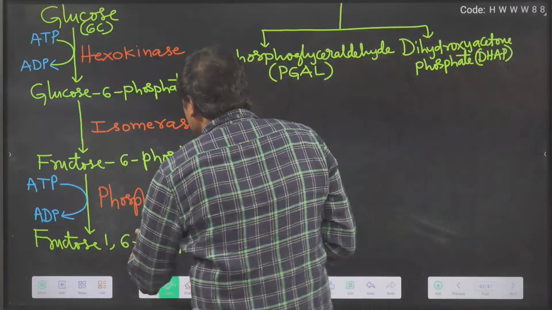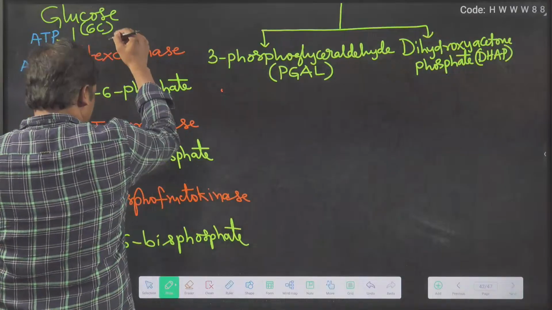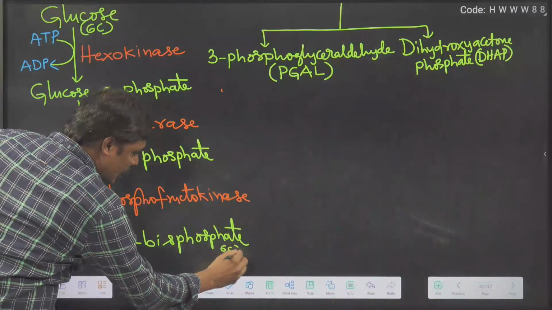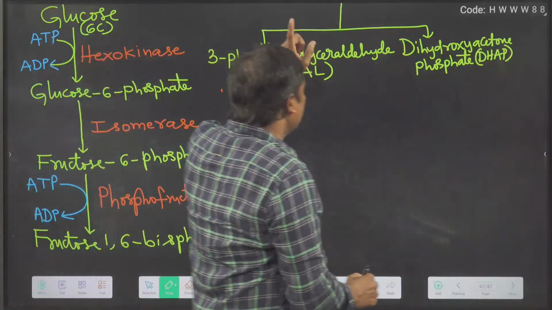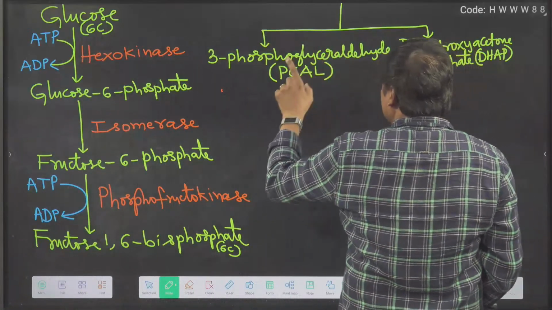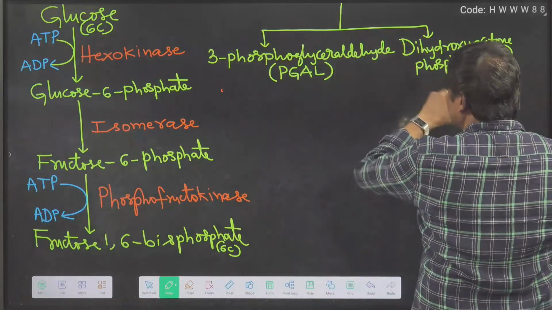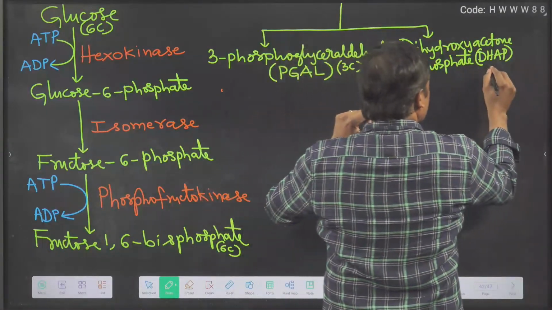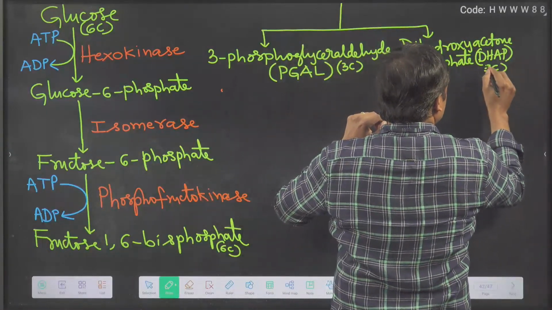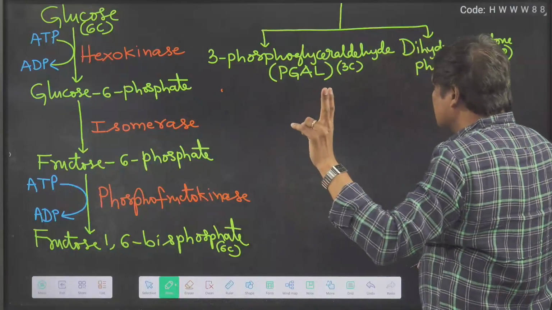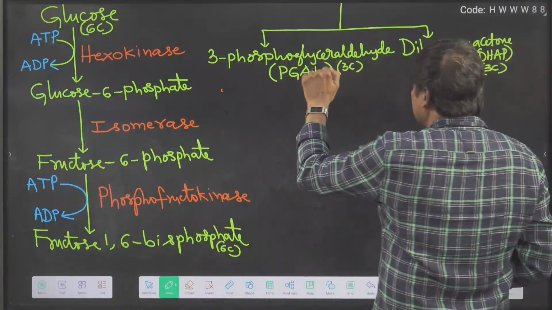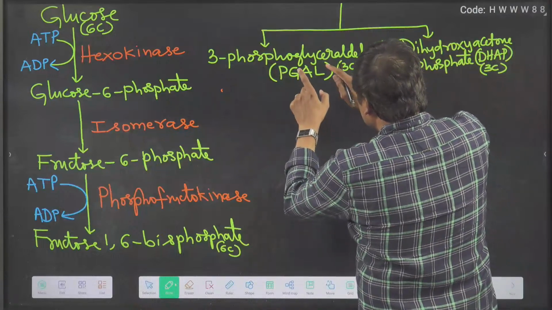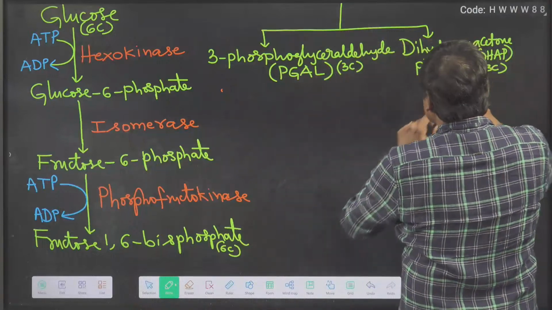Remember, all are 6-carbon molecules up to this point. Now, one 6-carbon molecule splits into two 3-carbon molecules, namely PGAL and DHAP. This is 3-carbon, and this is also 3-carbon.